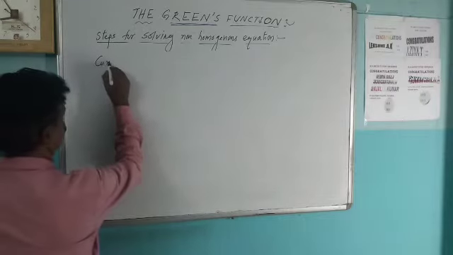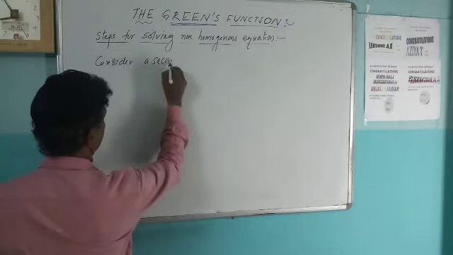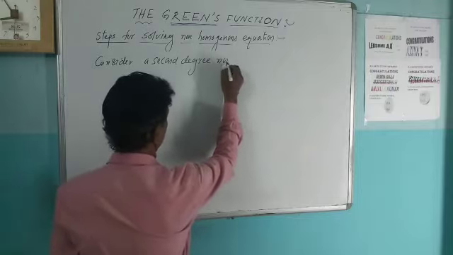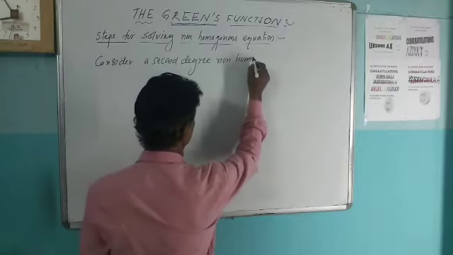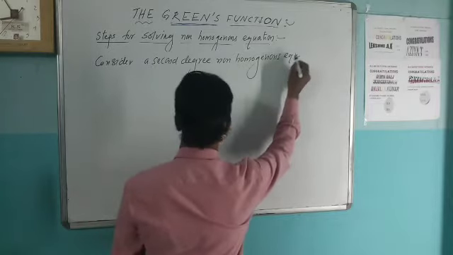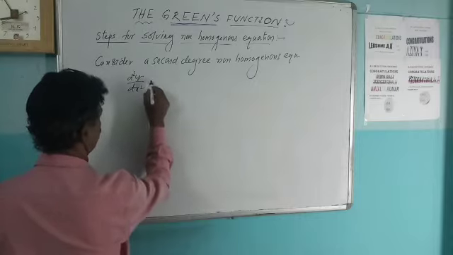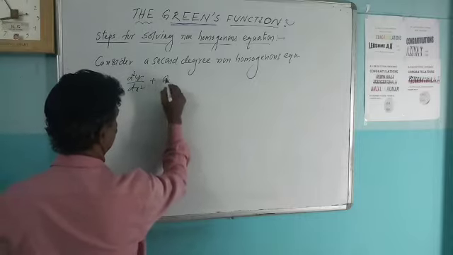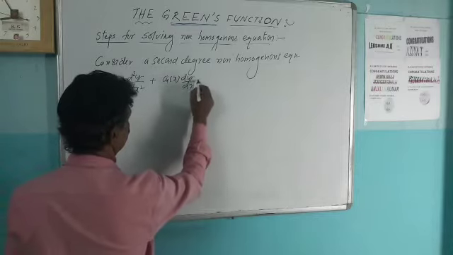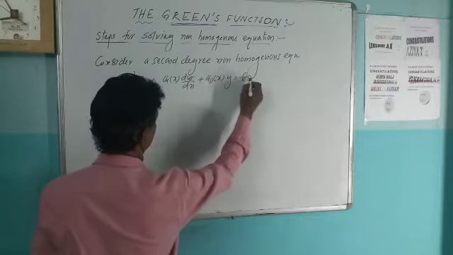Consider a second degree non-homogeneous equation: d square y by dx square plus a1(x) into dy by dx plus a0(x) into y equal to f of x.